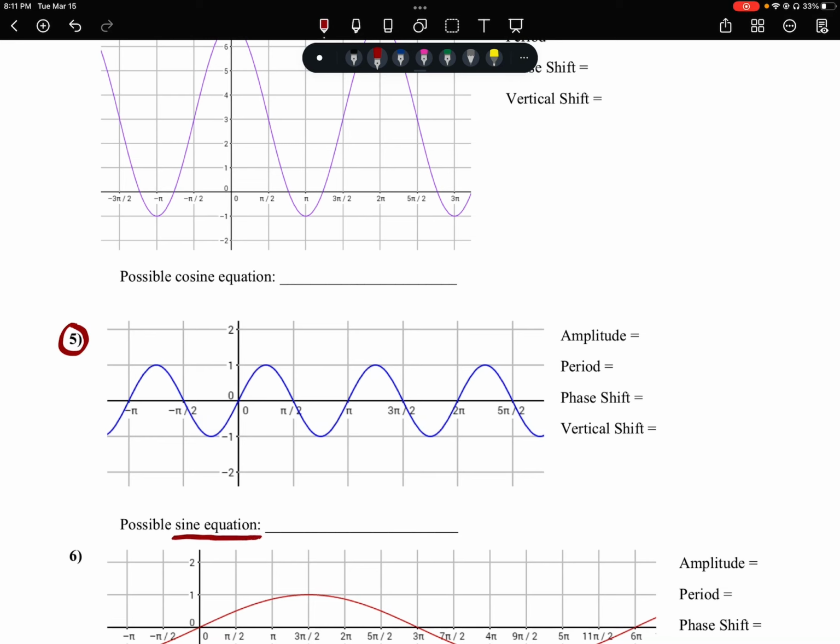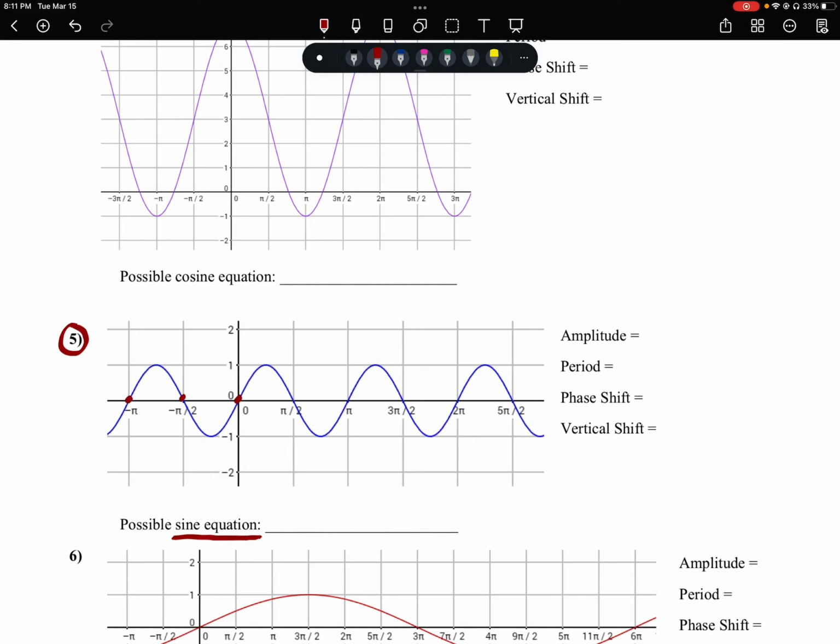As we start to analyze it and look at it here, it looks like it's cycling a little bit faster, because we've got some different possibilities for our values here. I think I have like 6 of them on the answer key, so I will just do probably about 3 of them, but you can do whichever ones you want.